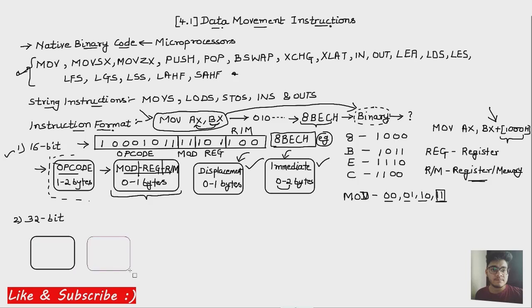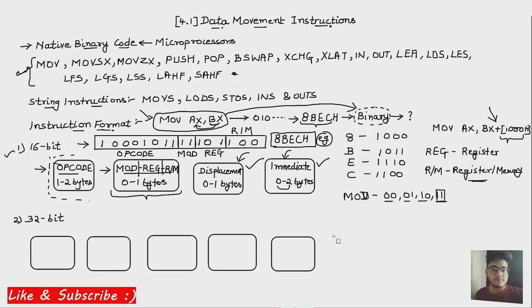This is the second section, then the fourth, fifth, sixth and seventh, right? So there are 7 sections inside of a 32-bit instruction. So if we have an instruction which is not a 16-bit, it's a 32-bit, right? So let's see what will be the format and how the microprocessor will understand that type of instruction.